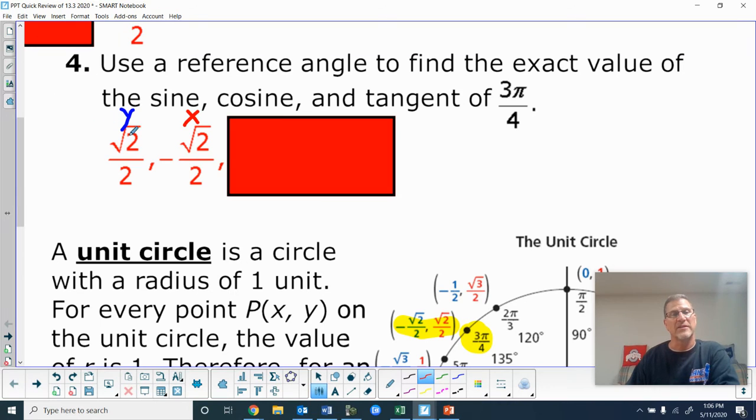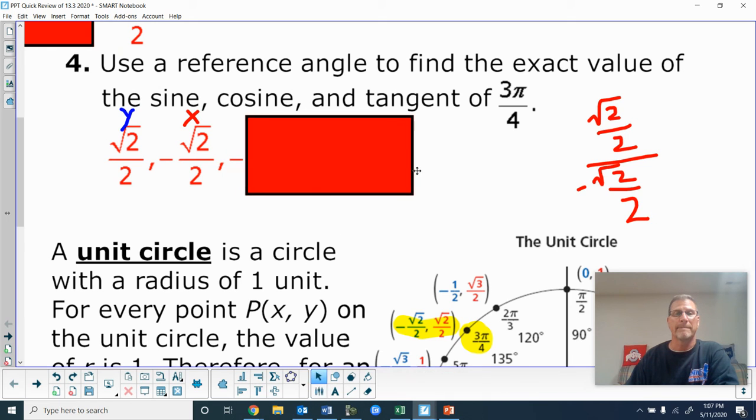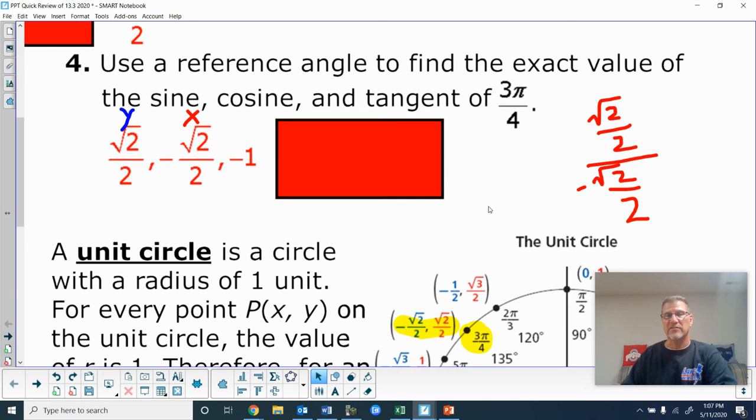So it's radical 2 over 2, the y value, over the x value, negative radical 2 over 2. That's our tangent. What's anything divided by itself? Something divided by itself is 1. A positive divided by a negative makes the answer negative 1. So that's how I get the 3 answers there.